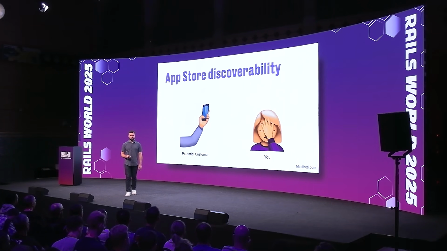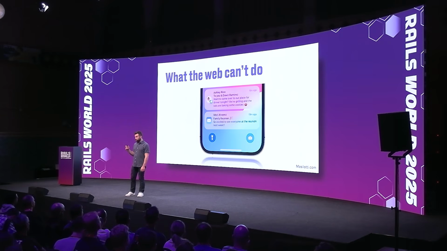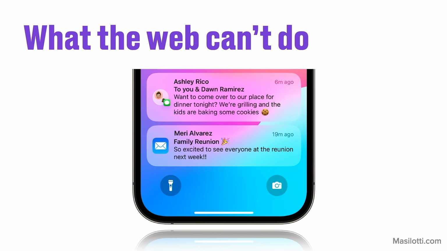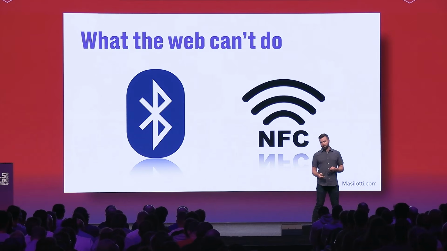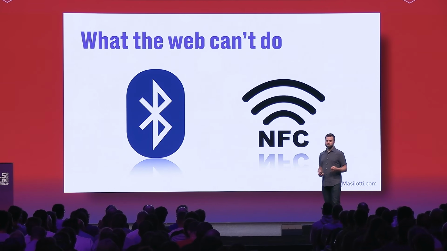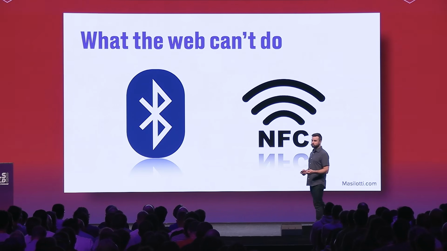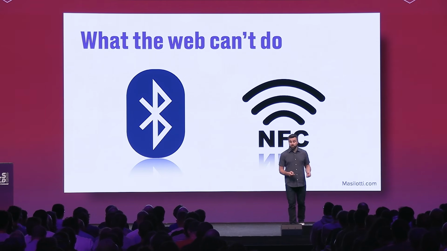Outside of discoverability, there are a bunch of things that mobile apps can do that web cannot. Reliable and customizable push notifications, like interactive buttons or dynamic content that updates after the push notification has been sent. Interactions with Bluetooth and NFC. Pairing with a smart scale or a blood pressure cuff, a heart rate monitor. Controlling nearby IoT devices, like lights or speakers.